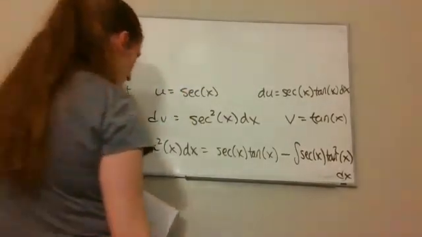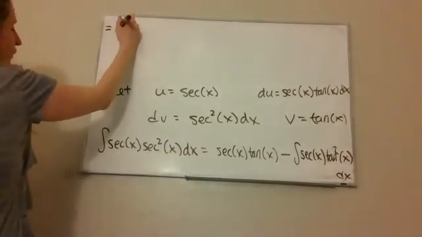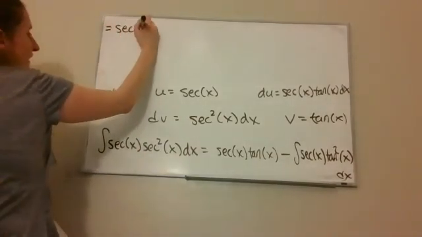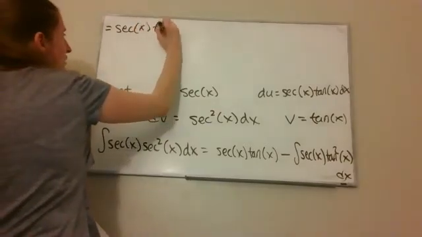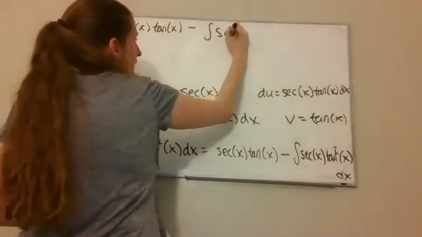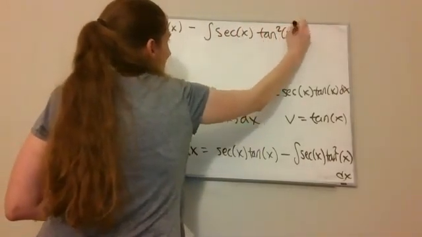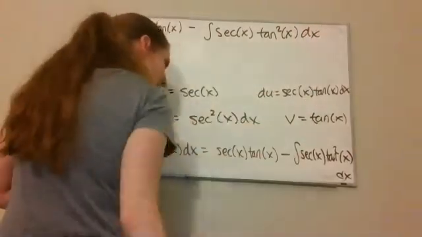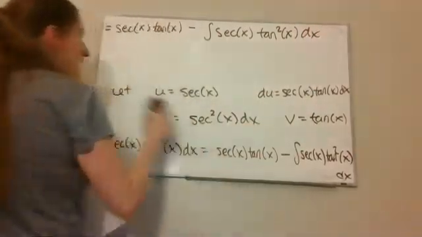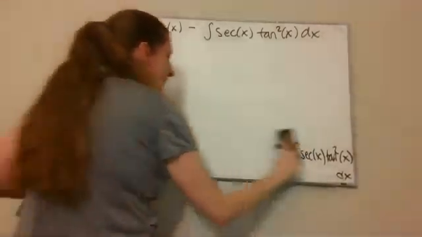Now I'm going to end up using one of my trig identities. So first, let me rewrite what I have up here. We had secant x tangent x minus an integral of secant x tangent squared of x dx. And I'm going to use a trig identity to rewrite that tangent squared.